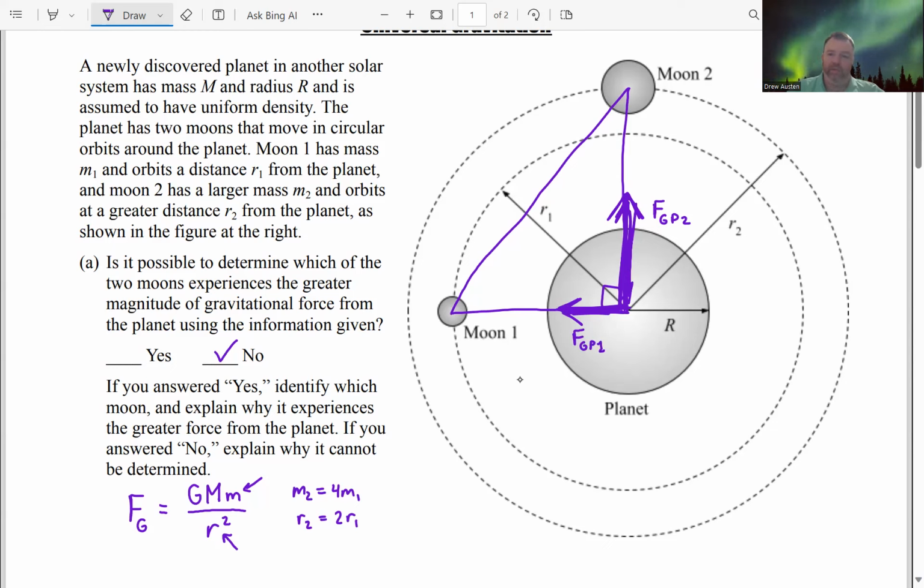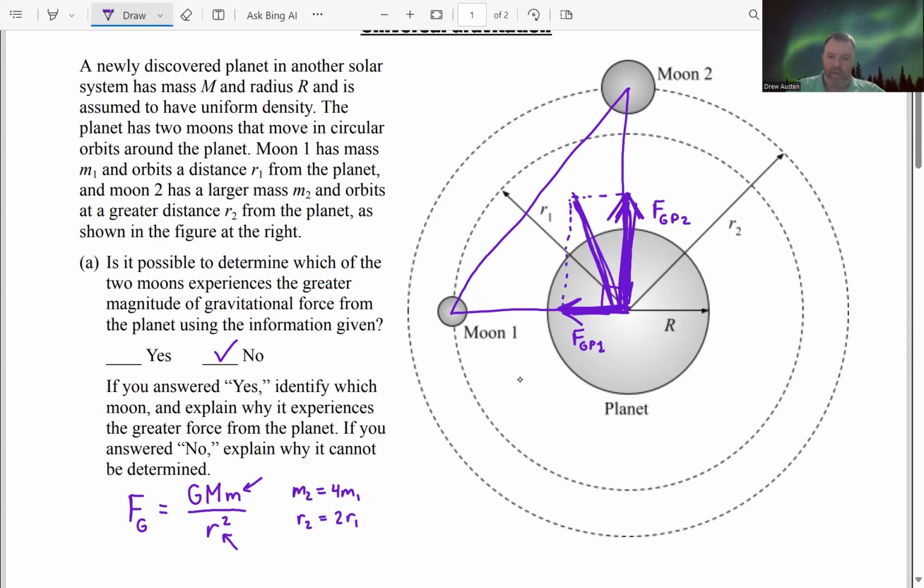I'm calling them FGP2 and FGP1 for those individual gravitational forces. Because force is a vector, I can't just add them together; I have to add them as vectors. When they're at right angles to each other, you can add vectors using the Pythagorean theorem. That would give the net force, which, if I turn this into a rectangle, is going to point in that direction.